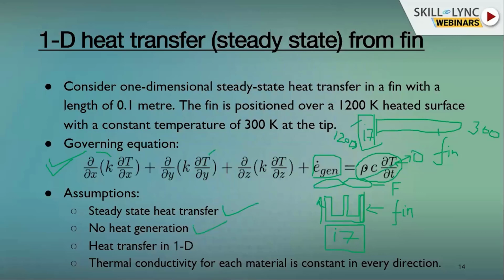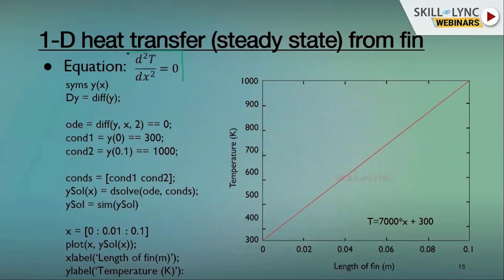No heat generation means this becomes 0. 1D means there is no phenomenon happening in y and z, so these are neglected. And the thermal conductivity of the material is constant. So now only this term remains. This is what engineers do, they convert the whole complex equation into this simple equation.